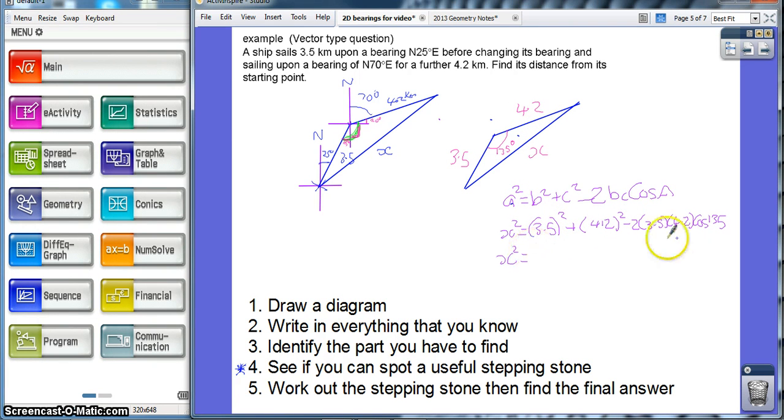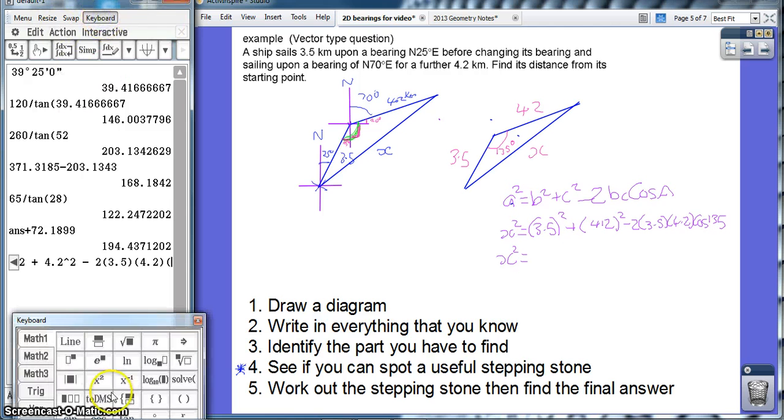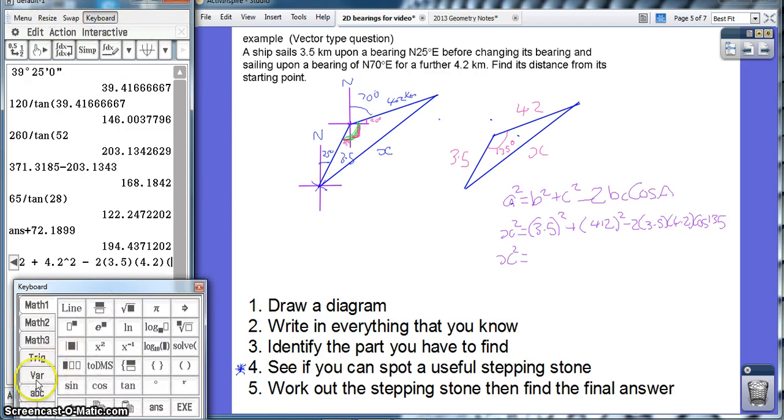Now I just thought, rather than work it all out, we'd stop and check, because this is a good point to use your calculator. So we could have 3.5 squared plus 4.2 squared minus 2 times 3.5 times 4.2 times cos of 135.